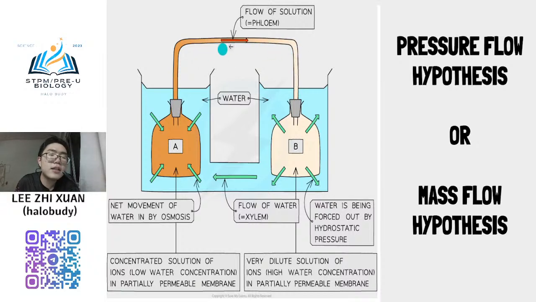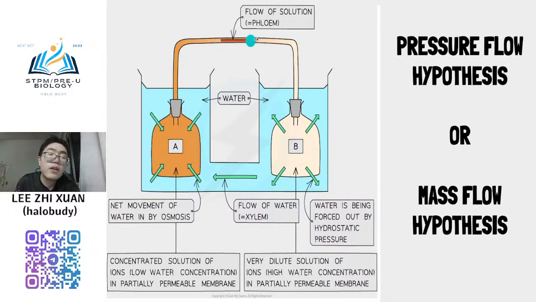So this is the phloem sieve tube element structure, and this flow is the flow of solution, meaning the phloem sap is transported from the source to the sink. When the phloem sap with organic nutrients reaches the sink, the organic nutrient level is now very low.